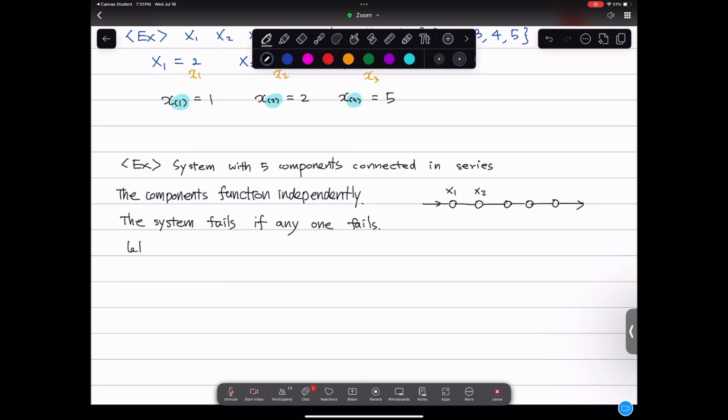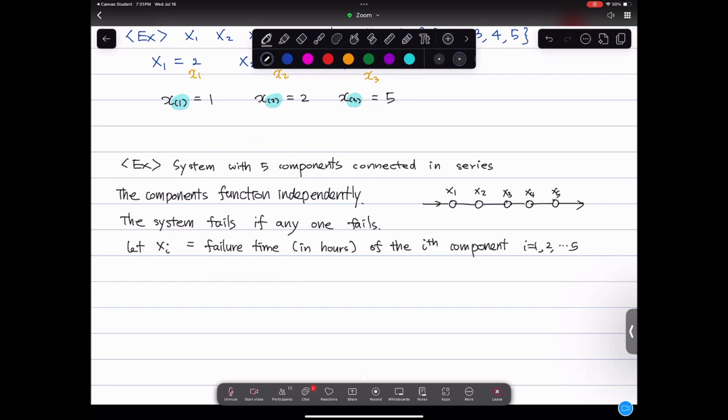Let xi be the failure time, in hours, of the ith component. So how long does it take until it fails? It can fail anytime. I goes from 1 to 5.